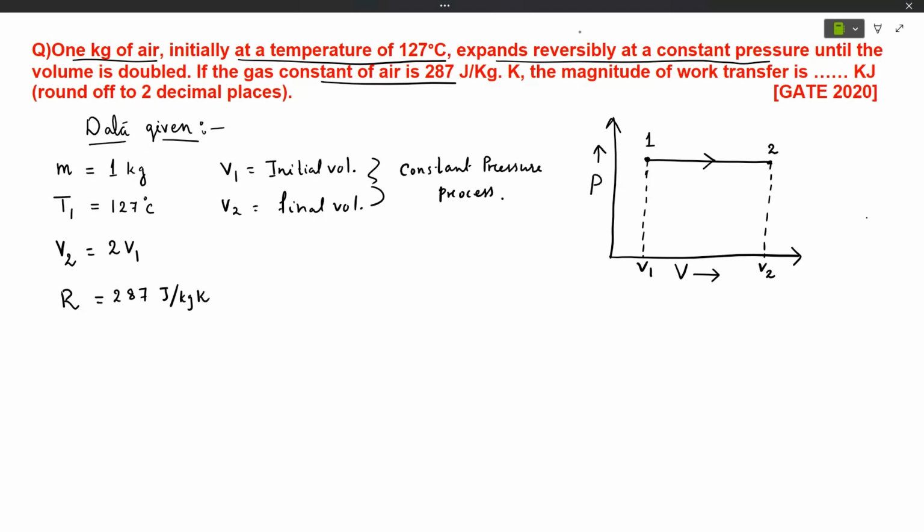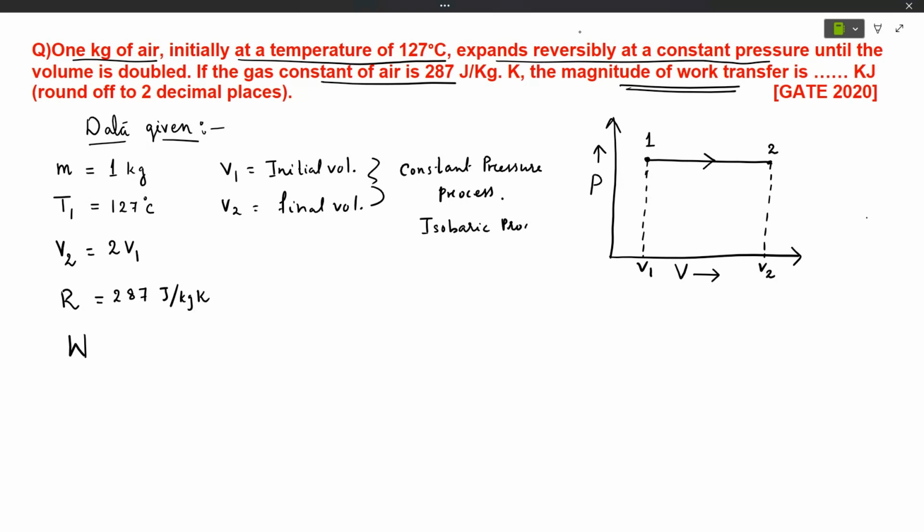Now the question arises: what are we going to calculate here? We are going to calculate the magnitude of work transfer for the given process. The process is a constant pressure process, which is otherwise known as an isobaric process.